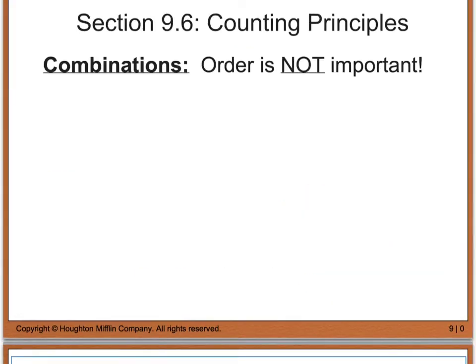Now, we are up to the point where we're going to look at a second type of counting principle called combinations, and with combinations, order is not important.